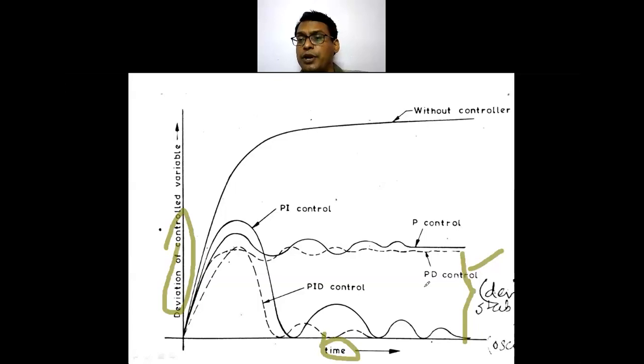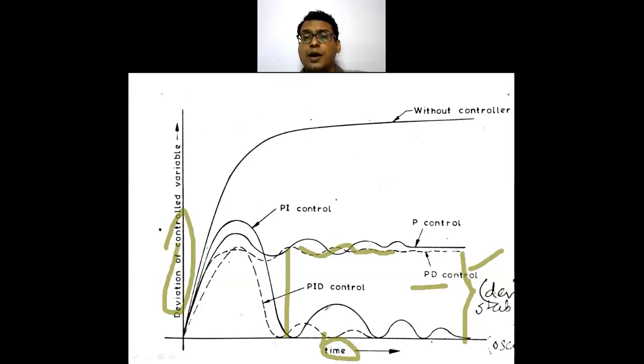However, when we incorporate the proportional derivative controller, the offset is there, but the oscillations are reduced. These oscillations are less in comparison with the proportional controller.